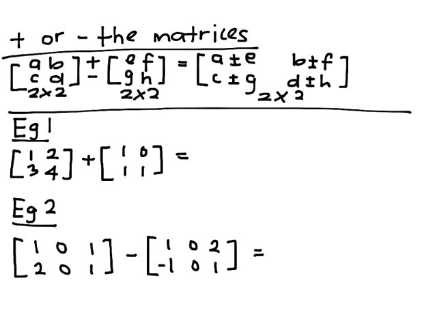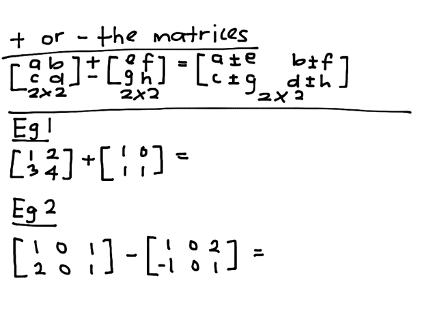We need to remember that whenever we do plus or minus for matrices, we can only apply it to matrices of the same size. If you want to plus a 2 by 2 size, we should only plus or minus with a 2 by 2 size also. If we have a 3 by 2 size, we can only plus or minus with a 3 by 2 size. Let's say we have an example here.